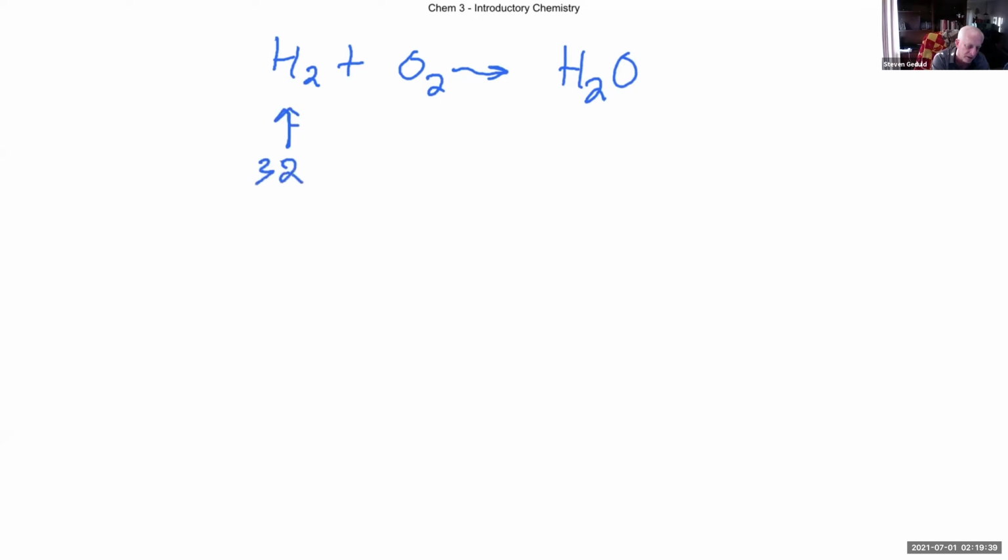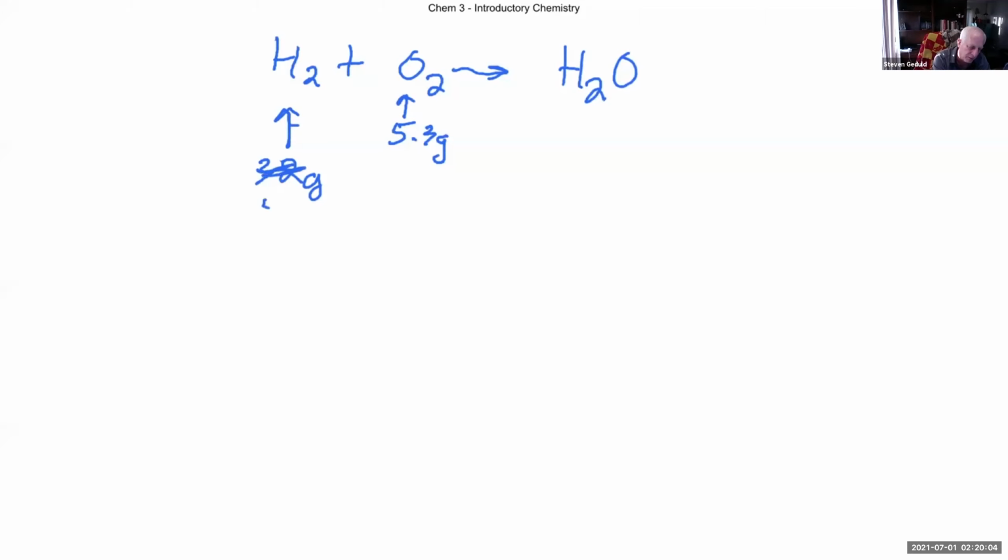32 grams of hydrogen. And I'm going to mix 5.3 grams of oxygen. Is that right? Or do I do the other way around? 16 grams per mole. No, I want to do it the other way around. Let's make it a little more realistic.